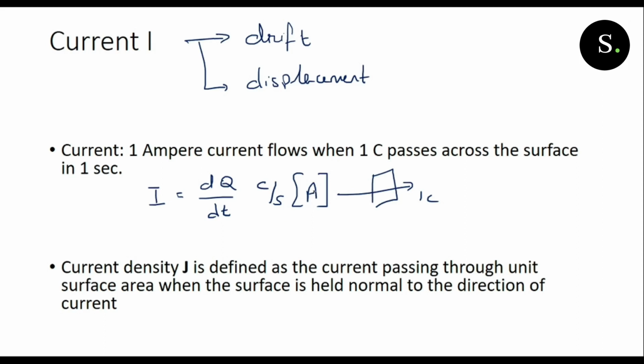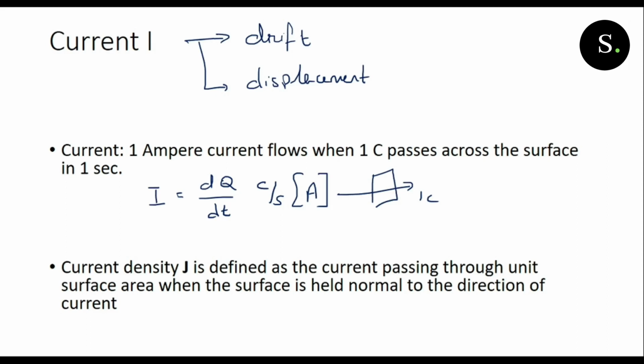Along with current, we define current density. Now, density of any quantity would be that quantity per unit area, right? Current density is defined as the current through unit surface area, where the surface should be held normal to the direction of current.